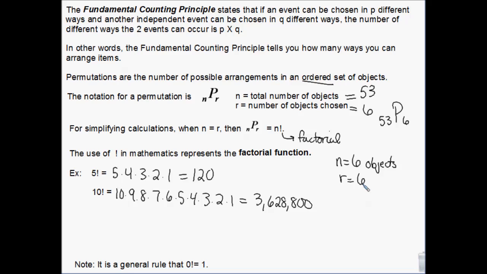I can figure out how many different ways I can arrange these 6 objects. That's a permutation, it will tell me that. And then it would be 6P6, but since these are equal to each other, it's just going to be 6 factorial, which means it'll be 6 times 5 times 4 times 3 times 2 times 1, which makes it 120 times 6, so it's 720.